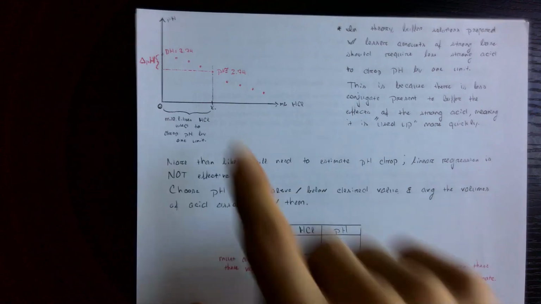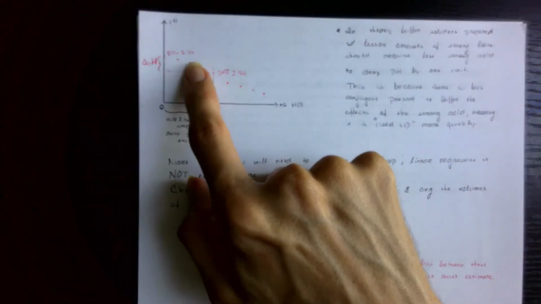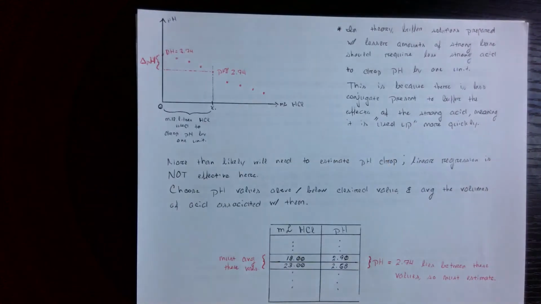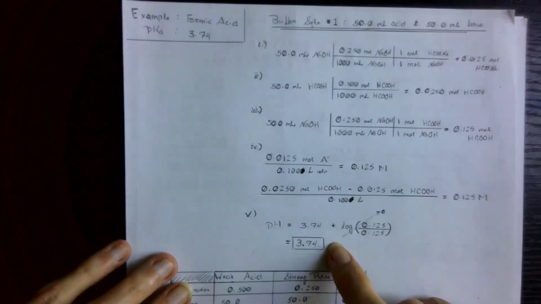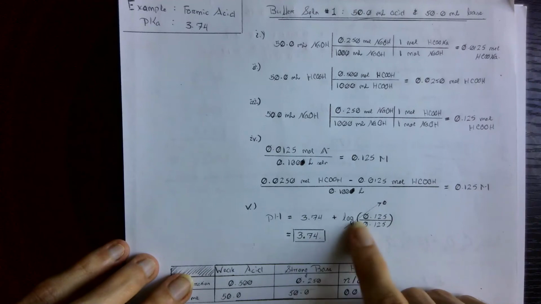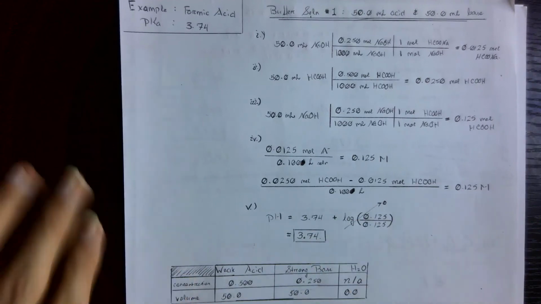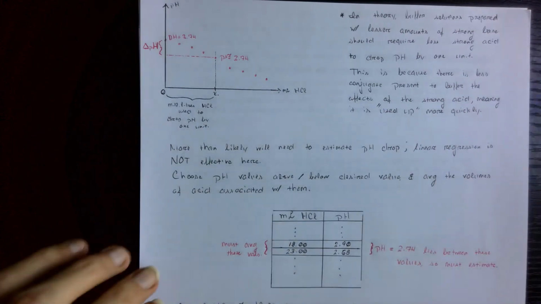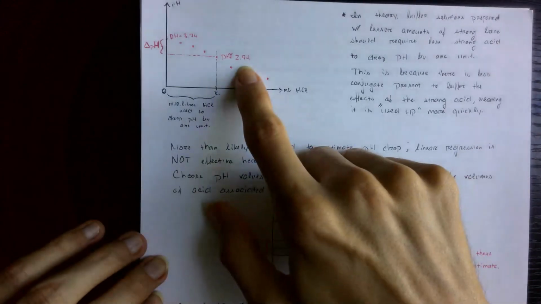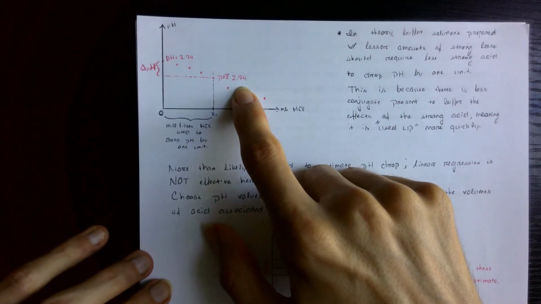For my first buffer solution, my starting pH is 3.74 because it's just the pKa value. If we go back here, what I calculated for my first buffer solution is just the pKa because the log term zeroes out. So the question is, how much acid do I have to add to my first buffer solution to drop the pH to 2.74?